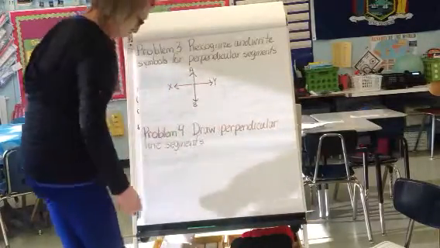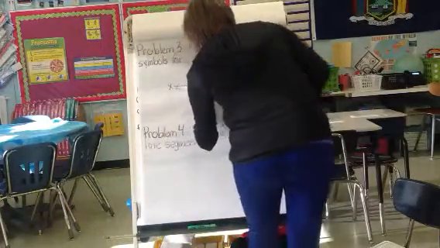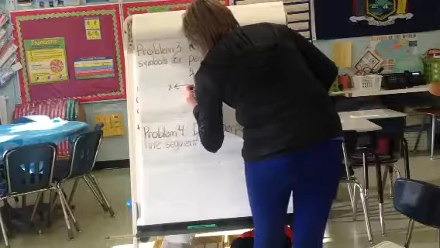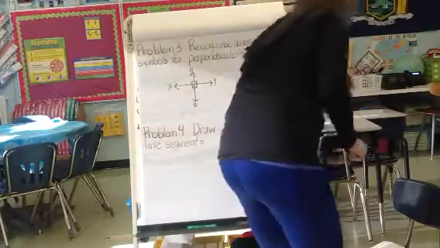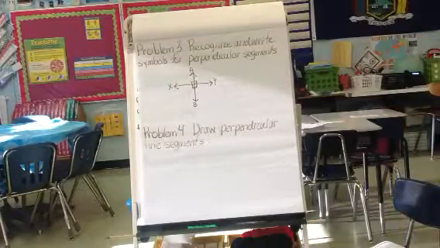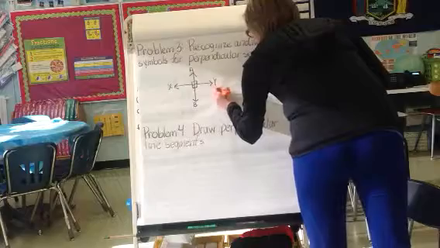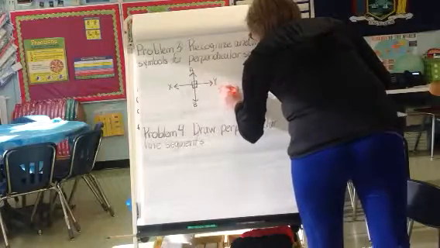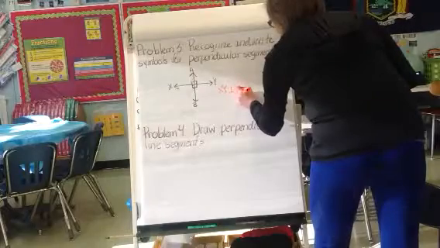So we have 4 right angles right here. So we're going to put the right angle symbol right there. And if we want to write that they are perpendicular, we would do this. XY, and I showed you some earlier, is perpendicular to AB.